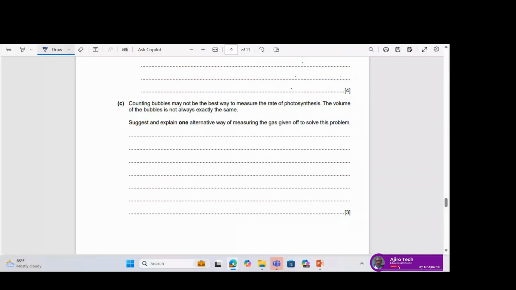Question C. One alternative way to measure gas is by using a gas.